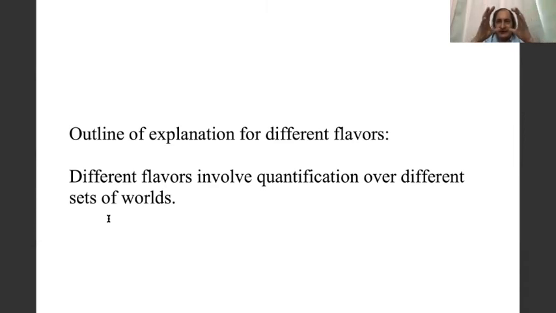Each of them looks at a smaller set of worlds and maybe different sets. If you quantify over this set, you get deontic interpretation. Quantify over this set, and you get epistemic interpretation. Okay? So the different flavors involve quantification over different sets of worlds.